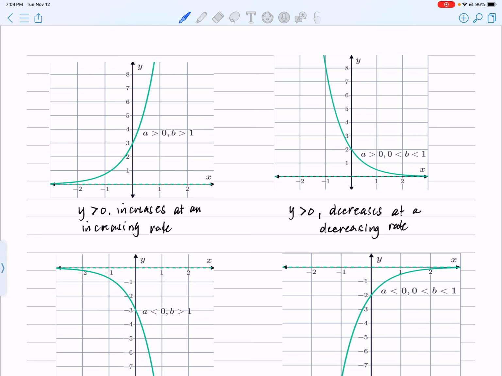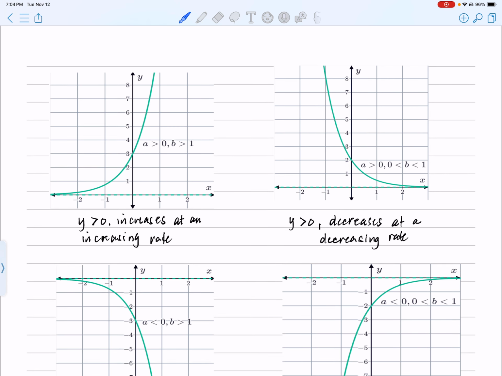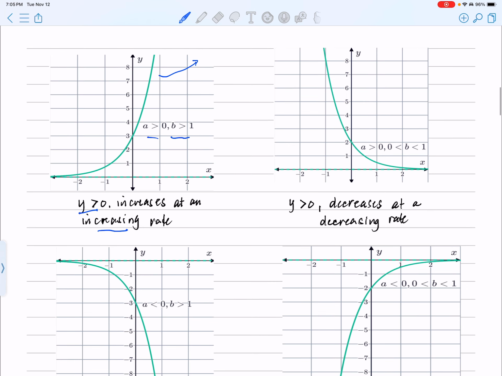When y is greater than 0 and b is greater than 1, this is increasing, and that is how it looks. When y is greater than 0, the function decreases at a decreasing rate. That is a greater than 0, but b is less than 1.